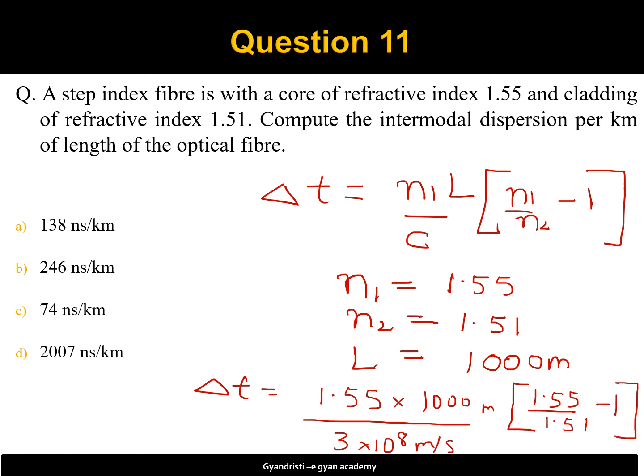If you solve it, we'll get 138 nanosecond per kilometer. So the correct answer is A. Option number A is the correct answer.